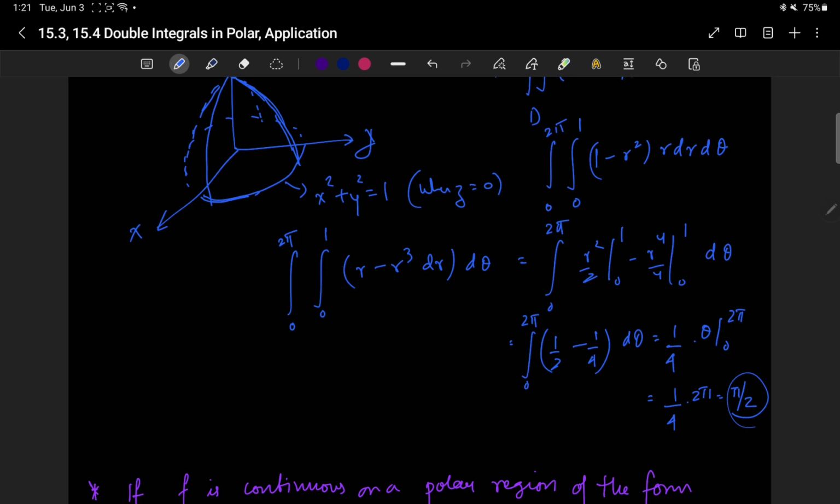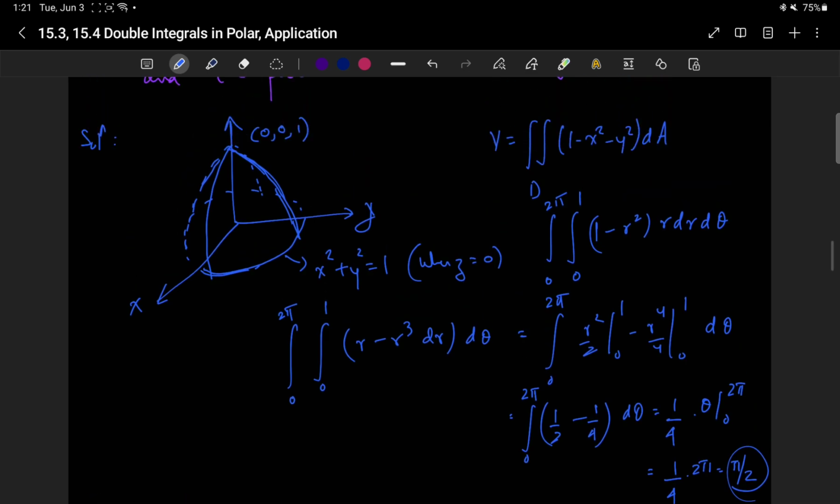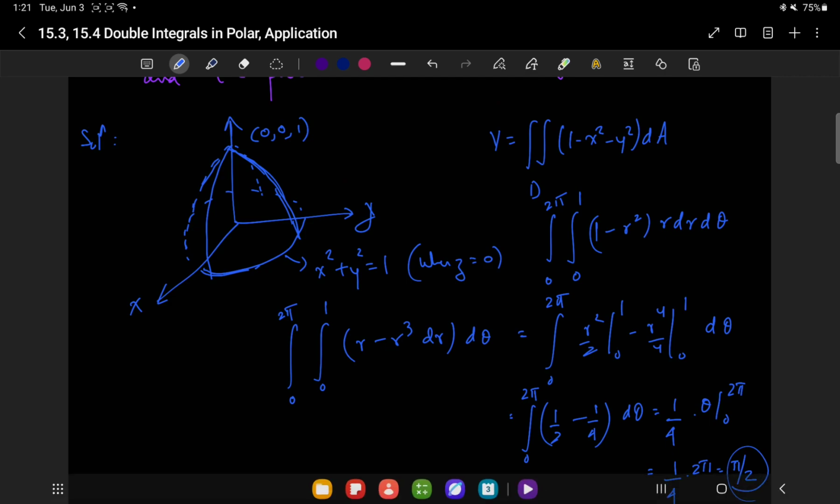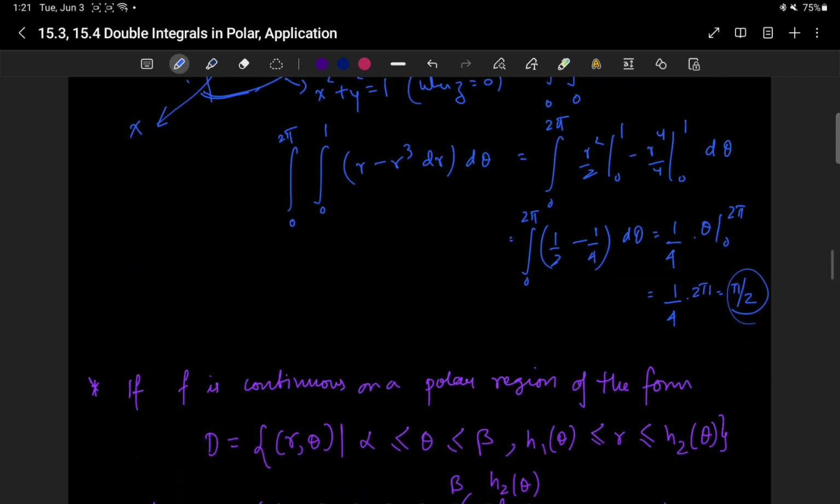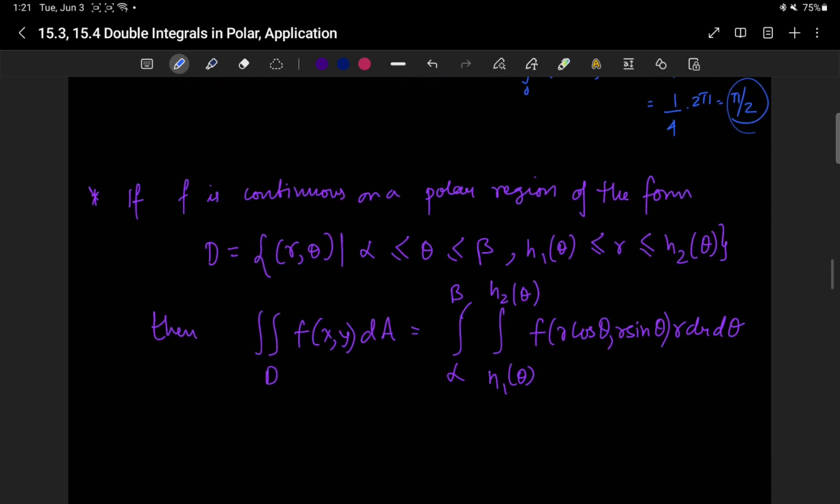Doing the same over general integrals is possible, but you will end up with a pretty complicated and involved integral instead of the very simple polynomial in r that we had in this case. This brings us to another result, the last result for polar: if f is continuous on a polar region of the form, what is the difference?